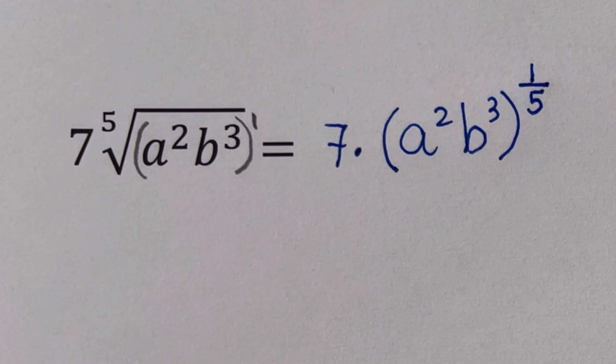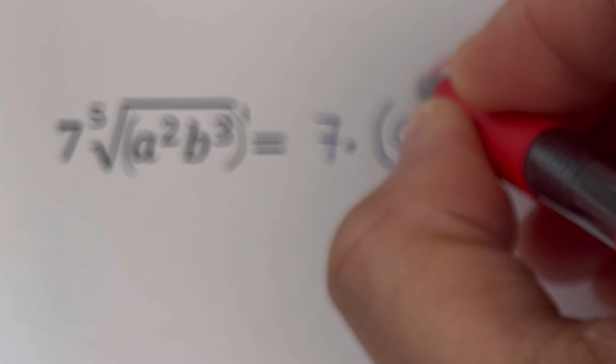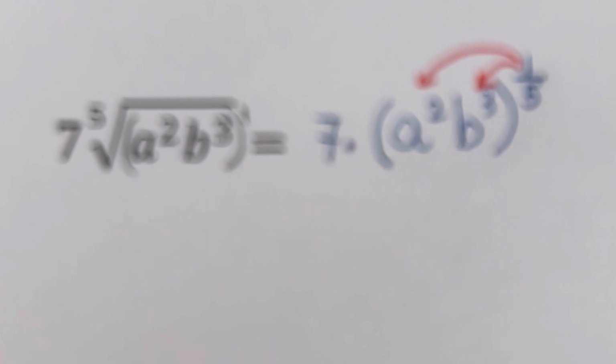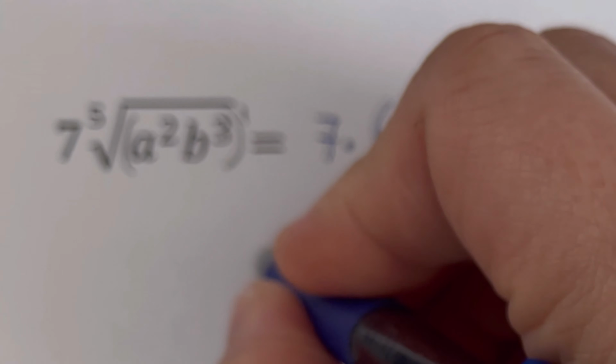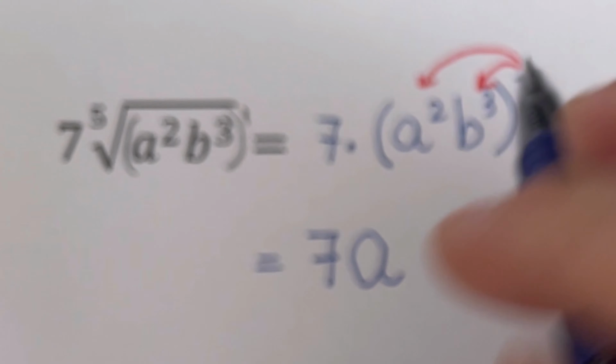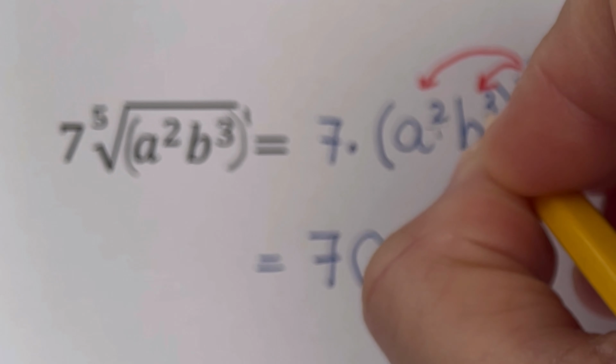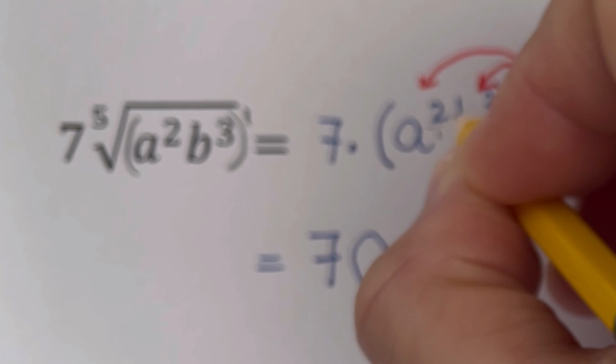So that we go ahead and use the power of a product property for exponents. So each one is going to get this 1/5. So this expression is going to come out. This would be 7. And then we have a raised to the power. Remember, this one has an invisible denominator of 1, and this one has an invisible denominator of 1 as well.